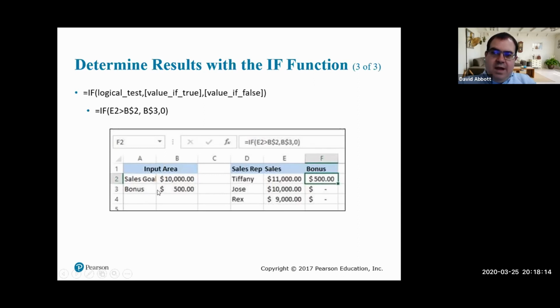For her, if she sold more than $10,000, she received a bonus of 500. So we see that Tiffany earned the bonus. Jose only sold 10, he didn't sell more. Rex only sold 9. So neither Jose nor Rex would be due a bonus.